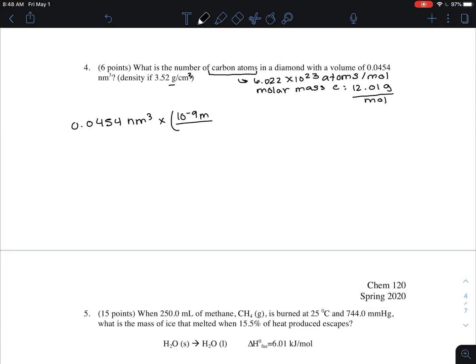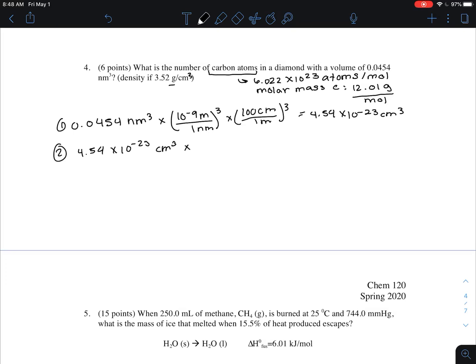Now, how you do this conversion is totally up to you, but just make sure that you are converting and cubing everything. There's 10 to the 9th nanometers in 1 meter, but since the nanometer is cubed, we have to cube that. And same with the fact that there's 100 centimeters in a meter. You cube that, and you get 4.54 times 10 to the negative 23 centimeters cubed.